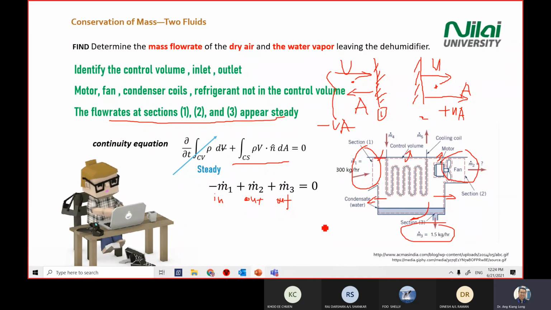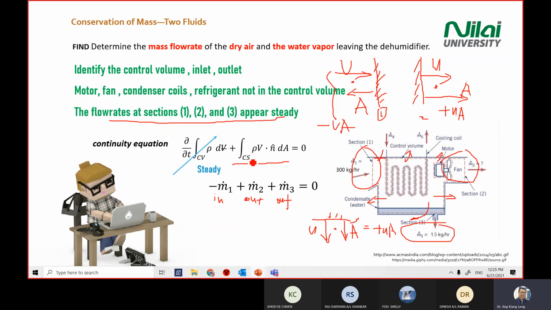You do the same for number 3. The velocity is flowing out, and the area always points out, so velocity times area, with the same arrow direction, gives a positive value. So it tells you the positive or negative sign when you do the analysis.